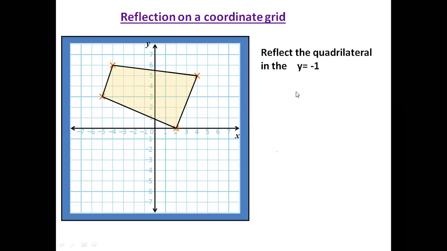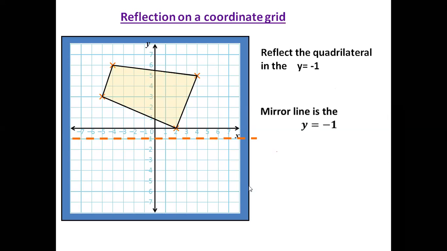When you're given the mirror line as y equals, your line is going to be parallel to the x-axis. But if you're given that the mirror line is x equals, it's going to be parallel to the y-axis. It's opposite. Okay, so this is y equals -1.